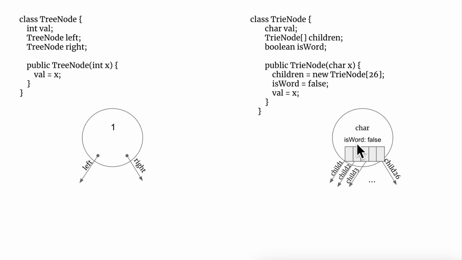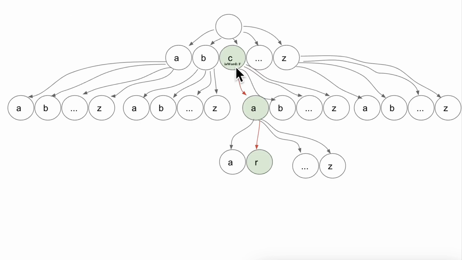What does that mean? For example, this node includes the character C, which currently has a default isWord value of false. So if I backtrack this path and ask, hey, is C a word? The answer is no. Then I just leave isWord as false.